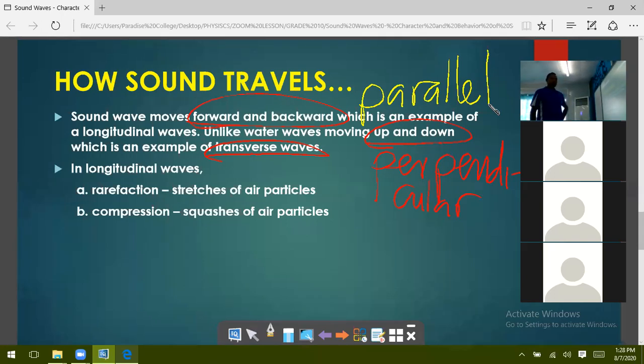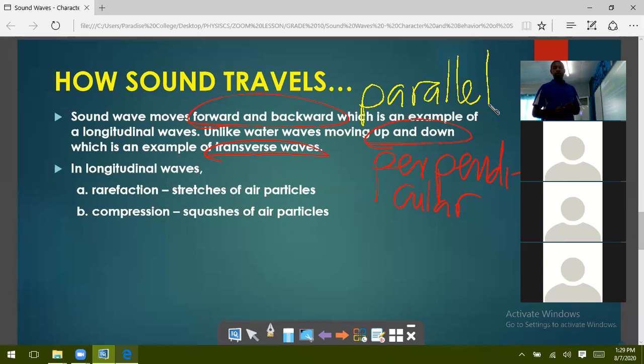Now, in longitudinal waves, the wave particles are described using these two terms, rarefaction and compression.